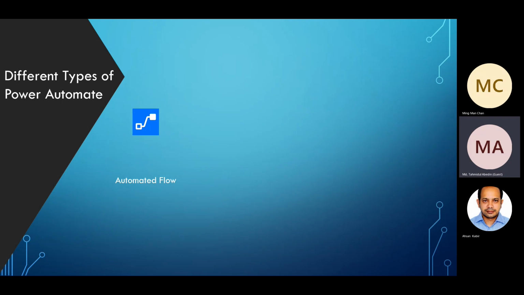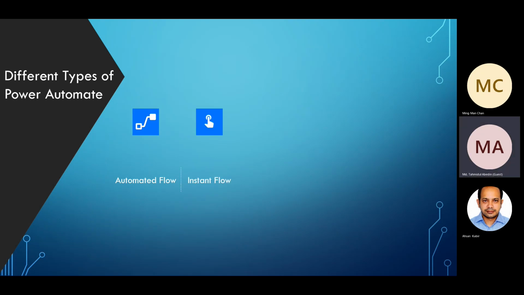Even from custom events, we can trigger Power Automate. There are two methodologies, like you can trigger the event for creating an item or updating an item, something like that. So that's the automated flow. It will trigger automatically, so no manual work is needed.